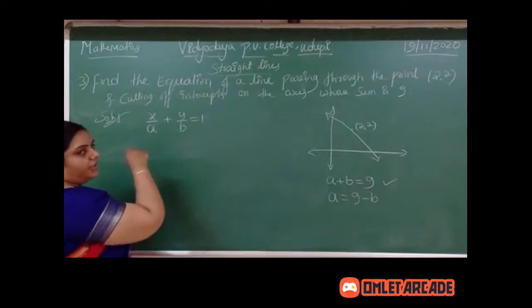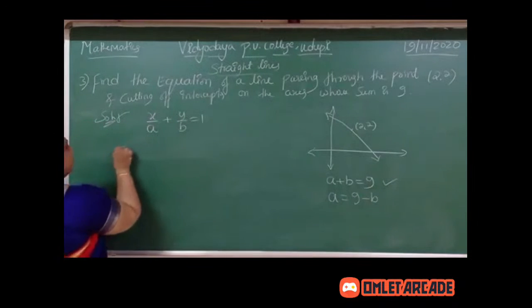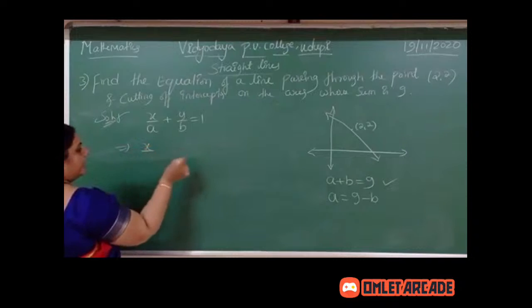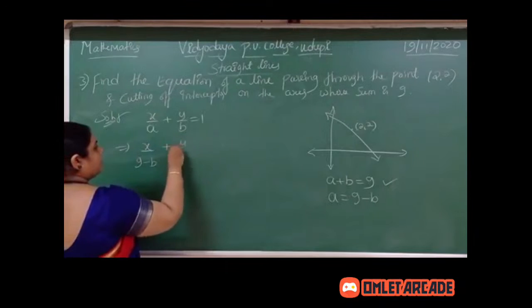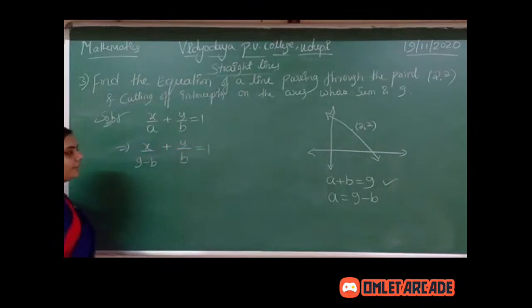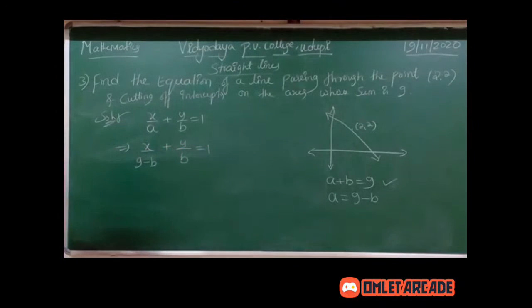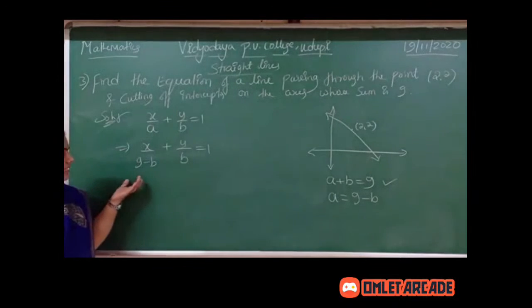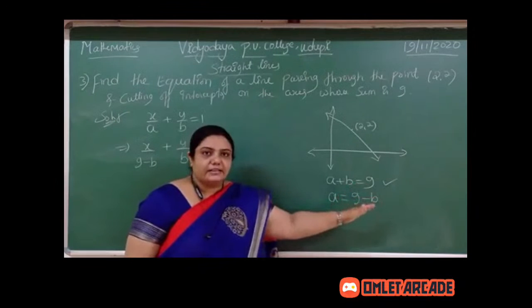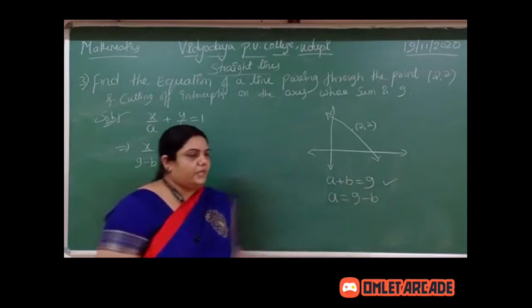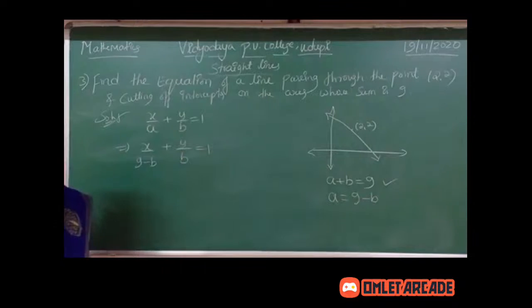Let me use this relation now. That implies x by (9 minus b) plus y by b is equal to 1. Is that fine? Did you get why I substituted a as 9 minus b? Because it is given that the sum of the intercepts is 9.